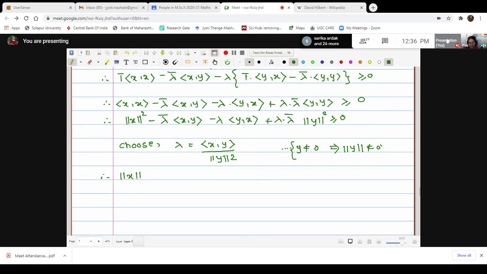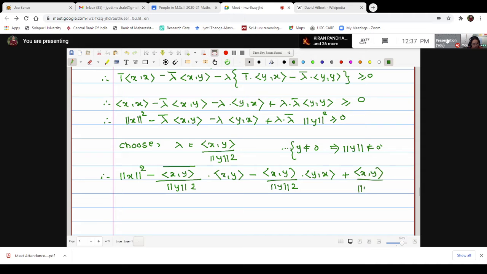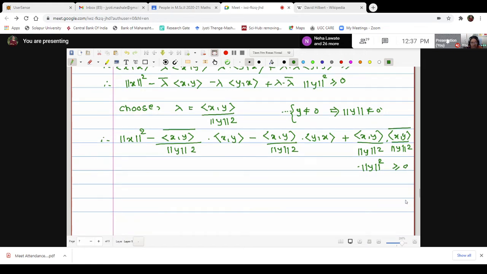The above inequality becomes norm square of x minus lambda bar times inner product x with y, where lambda bar is the conjugate of inner product xy upon norm square of y, minus lambda inner product xy upon norm square of y into inner product y with x, plus, here we want to put lambda and lambda bar both, so this is inner product xy upon norm square of y and inner product xy bar upon norm square of y into norm square of y, and everything is greater than or equal to 0.